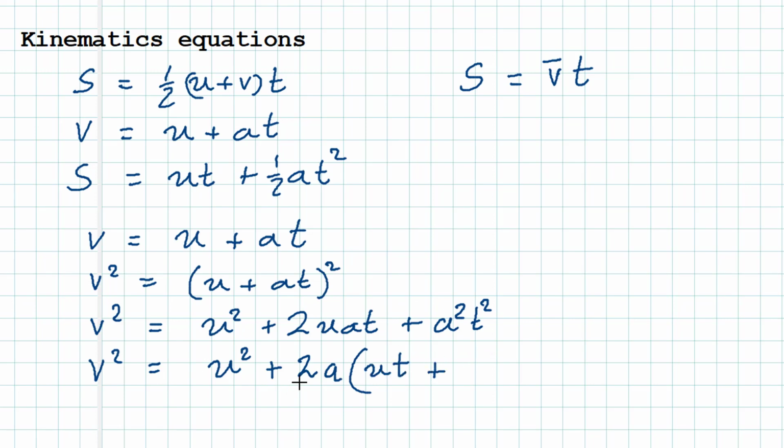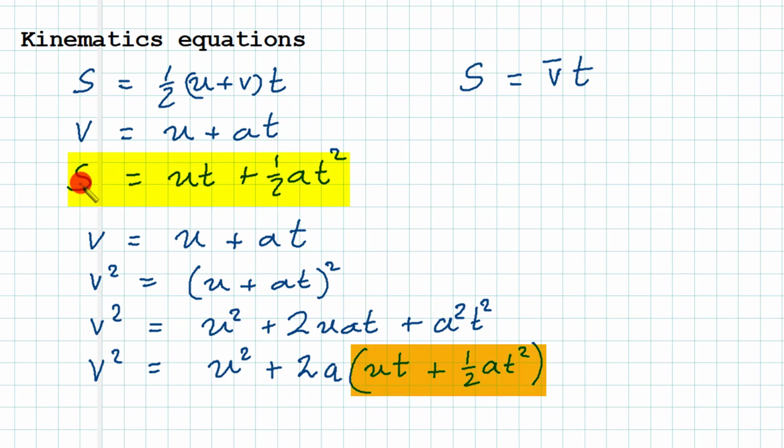Plus, because we've taken out a common factor of 2, we have to have a half in here. And because we've taken out an a, one of the powers has got to be reduced. We're going to have at squared. Now, we can see that ut plus a half at squared, this whole bracket here, is in fact equal to displacement s. s equals ut plus a half at squared.